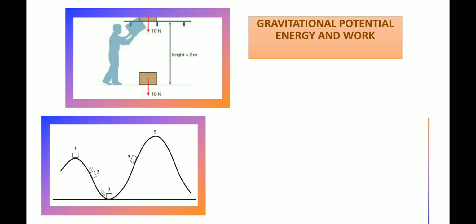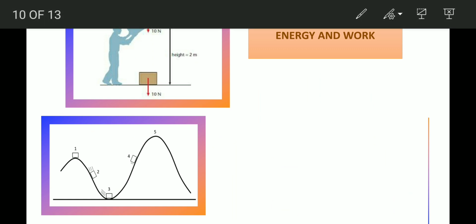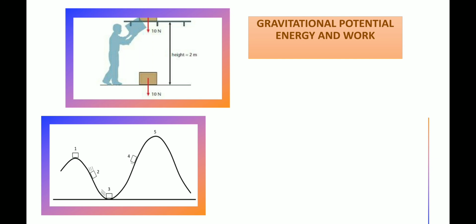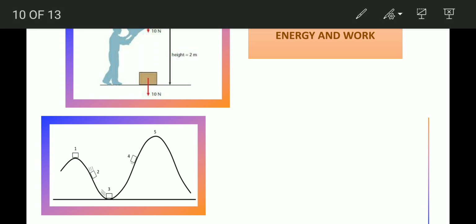There is one more picture in which the man is lifting some load of weight 10 Newton up to a height of 2 meter. So, if I ask you to calculate the work done by the body, what will you do? You will definitely find the potential energy in lifting the body from ground level to the height of 2 meter.